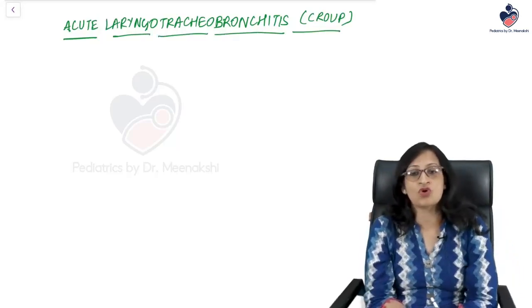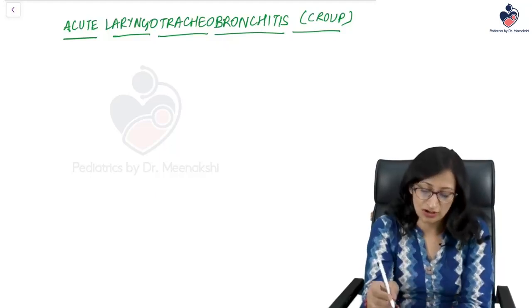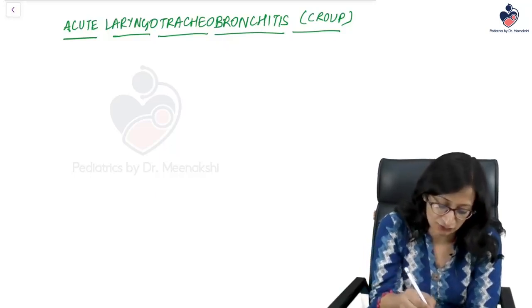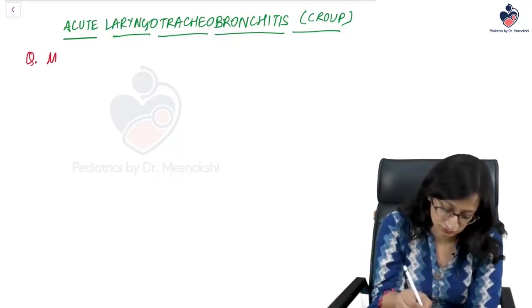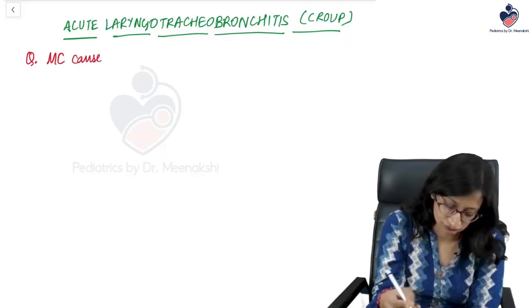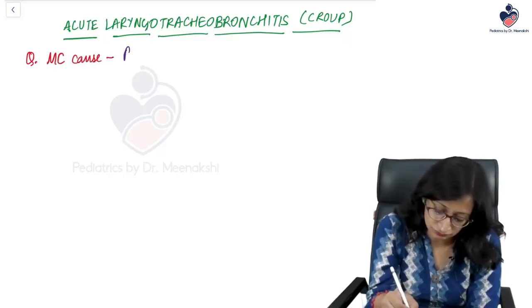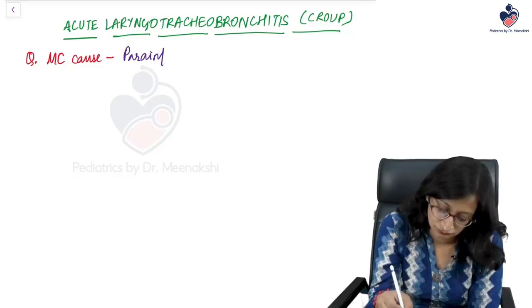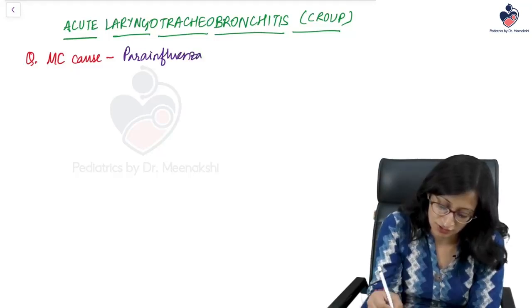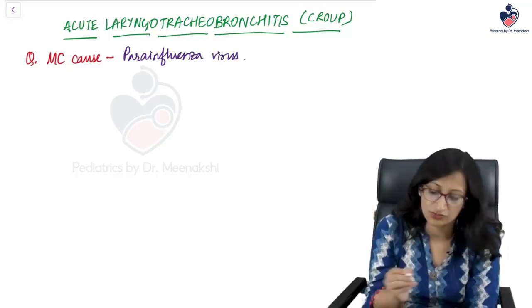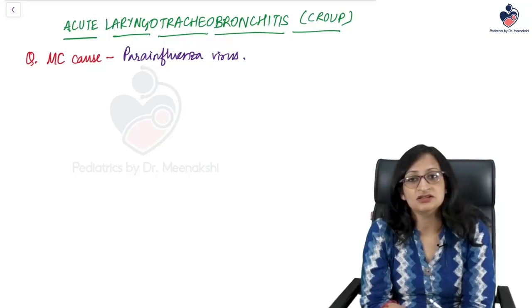The most common cause of acute laryngotracheobronchitis or croup is parainfluenza virus. Okay. Clinically, it will start with a viral prodrome.